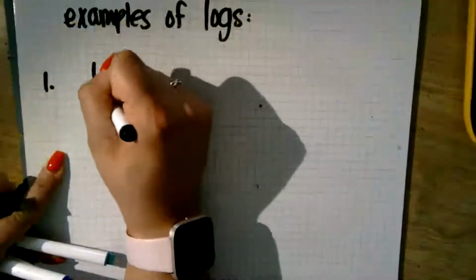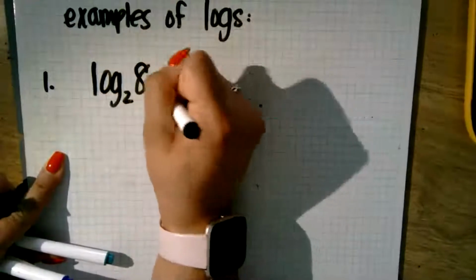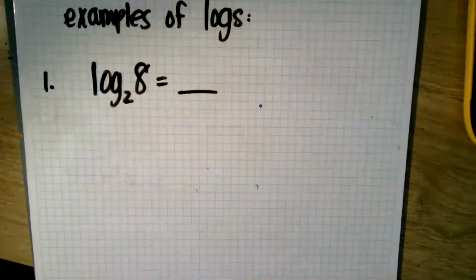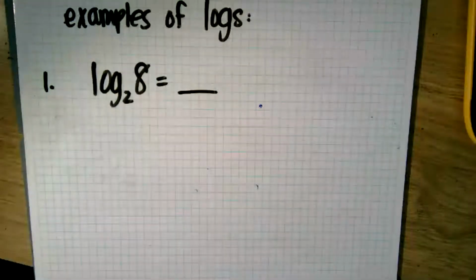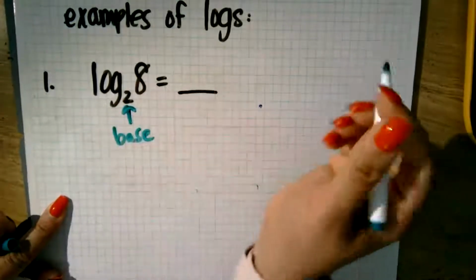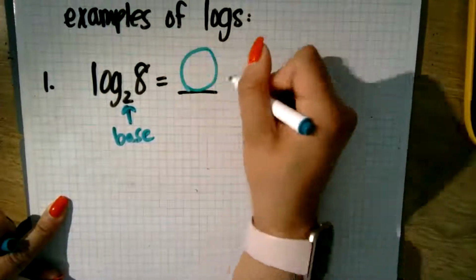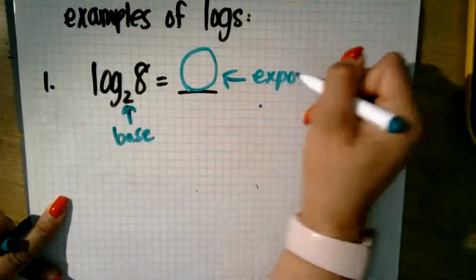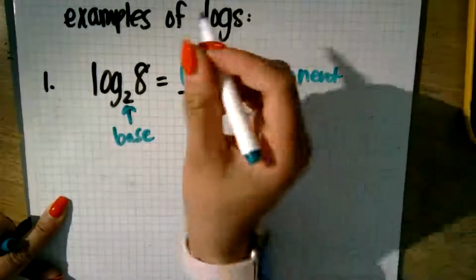First one, let's try this one again. Where's my base? This is my base right here. I'm looking for the exponent. I don't know what the exponent is, or the logarithm.